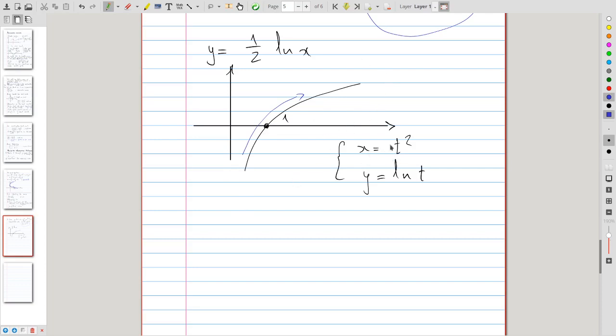So for comparison, we could have put a minus sign in front of both of these two expressions. We could have done this: x equals t squared. Let's see.